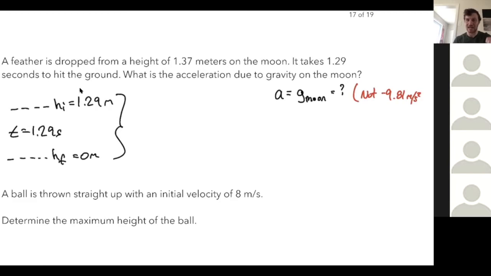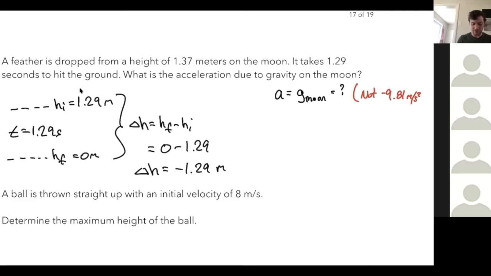Your change in height is negative. If you think about your change in height being final minus initial, your final height is 0, your initial height is 1.29, which means your delta H is negative 1.29 meters since you are going down. That's a key point when it comes to free fall questions because you're losing height.